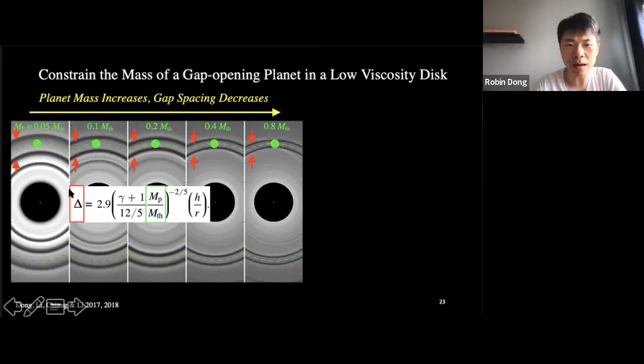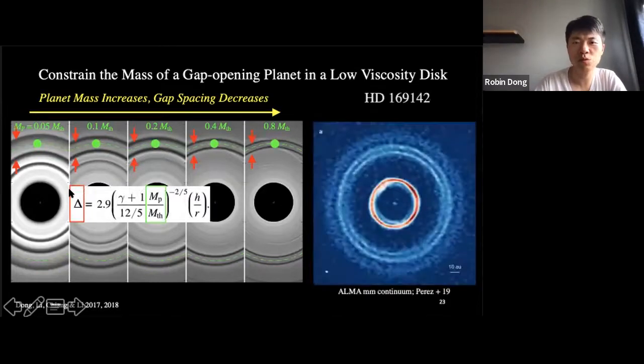Now let's apply this relation to a real system. This is an ALMA observation of a disk called HD 169142. It has many gaps and rings, and specifically in the outer disk, we see this very characteristic triple ring and double gap structure. If we assume they're produced by a planet whose orbit coincides with the middle ring, we can then practically use a ruler.